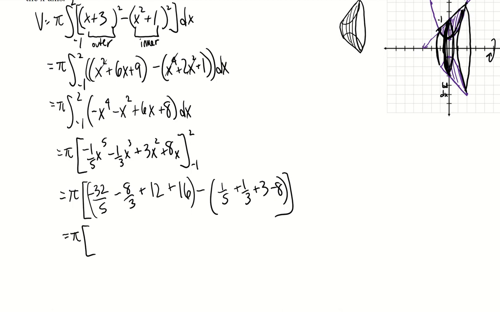Combine like terms here. Negative 32 fifths minus 1/5 is negative 33 fifths. Minus 8 thirds minus 1/3 is minus 9 thirds. Oh, that's nice. Plus 12 plus 16 is 28. 28 minus 3 is 25. 25 plus 8 is 33.